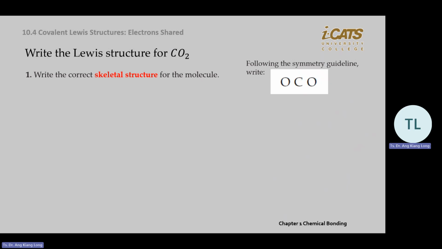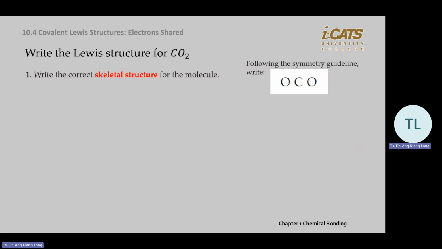So I just straight away give you the combination. For a compound like CO2, the individual one will be in the center, because C is 1, oxygen is 2. So this is called the skeletal structure. So you arrange OCO for the first step.